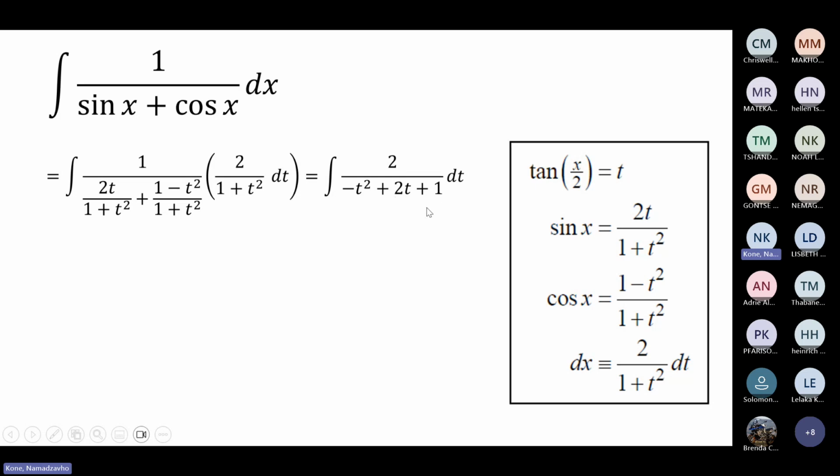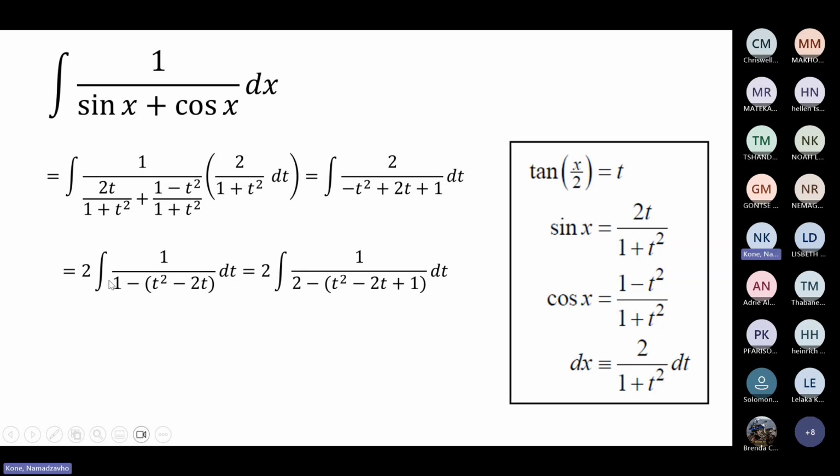Now, from here, it's just a matter of doing our completing of square. But because the leading coefficient is negative, when we isolate, we will start with the 1. That's why you will have a 1 here, and then minus this t squared inside the bracket minus 2t inside like that.